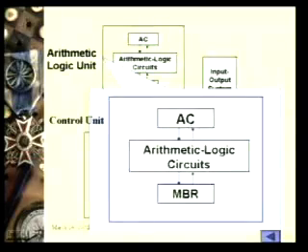AC is an accumulator register which basically interacts with the arithmetic logic circuits along with the memory buffer register. Whatever content is brought from the memory is stored into the memory buffer register, so it can also sometimes be treated as a data register. The accumulator is the one where the results also go after the execution. So the accumulator is basically the primary place where the instruction execution takes place.